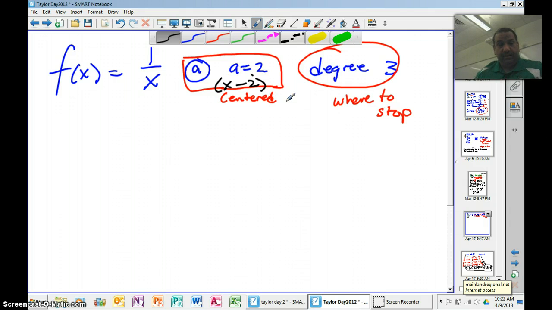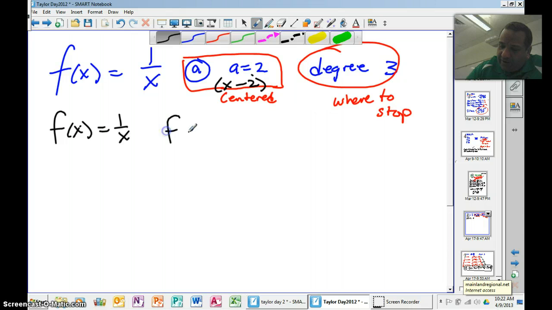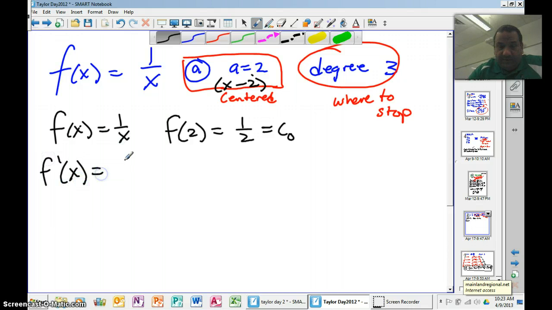So, let's see what I can do here. I have f of x equal to 1 over x. So f of 2 is equal to 1/2. That's my c of 0. Then we have the derivative of that, which is negative 1 over x squared.